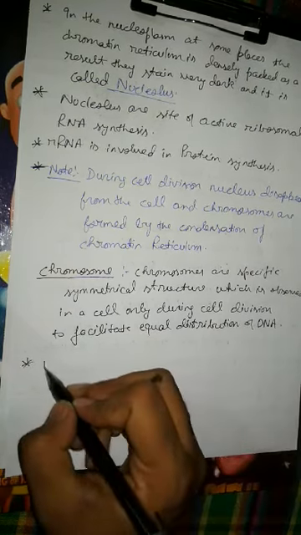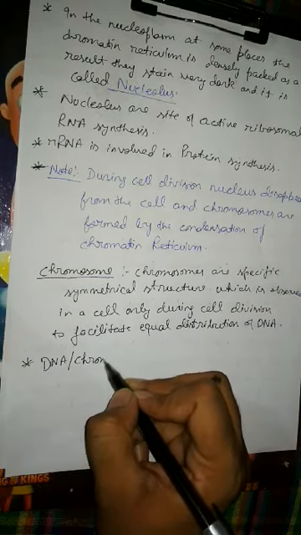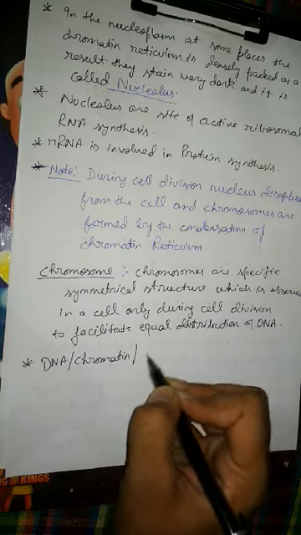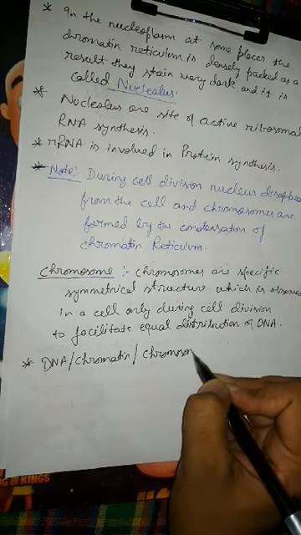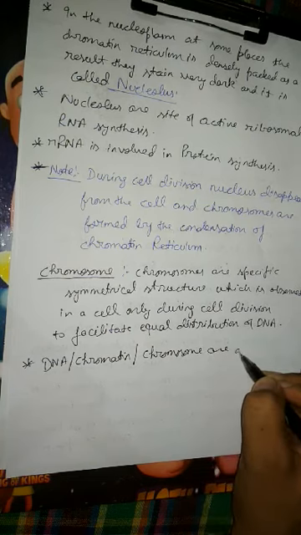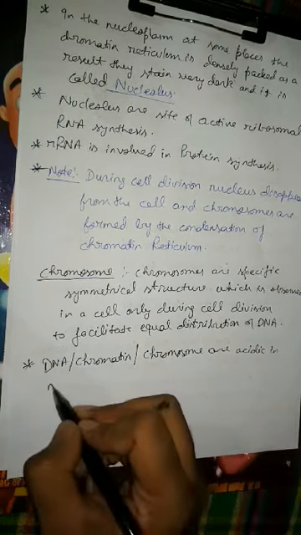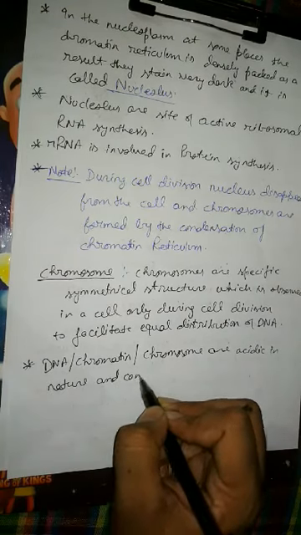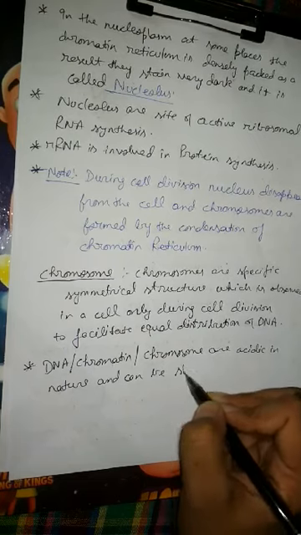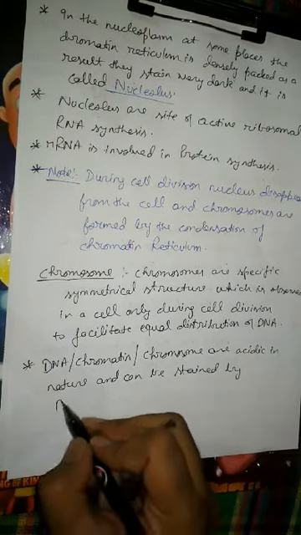So DNA, chromatin or chromosomes are acidic in nature, and can be stained by basic dyes.